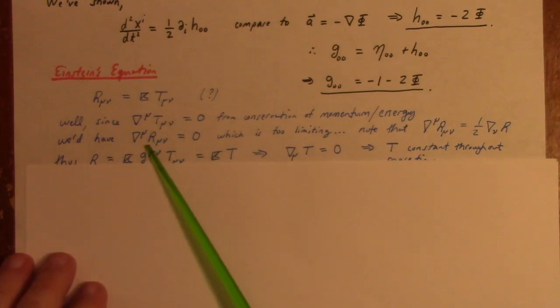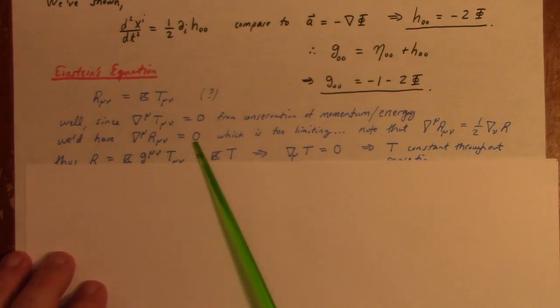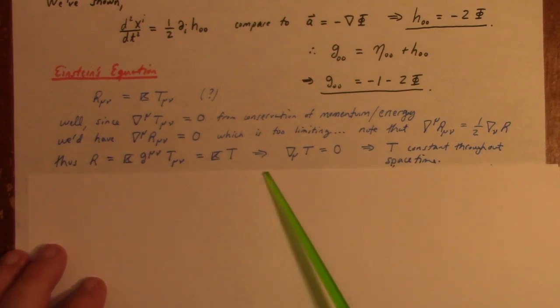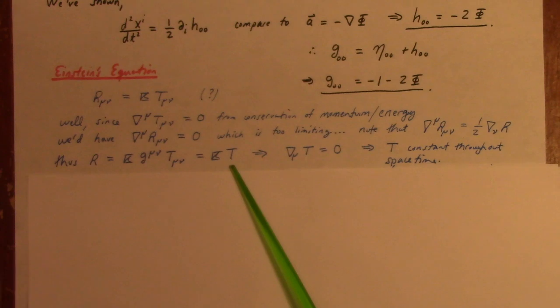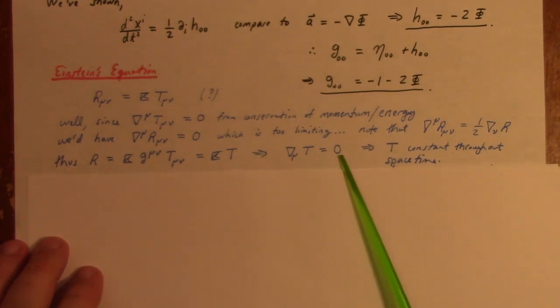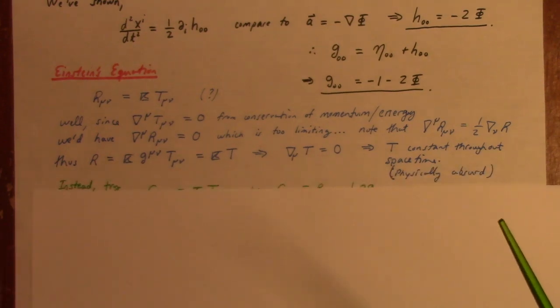But that makes the Ricci tensor covariantly constant, which then makes the Ricci scalar proportional to the trace of the stress energy tensor, and that means the trace of the stress energy tensor is constant throughout space-time, which is just not reasonable in terms of physics, because the trace of the stress energy tensor is not constant in physics.